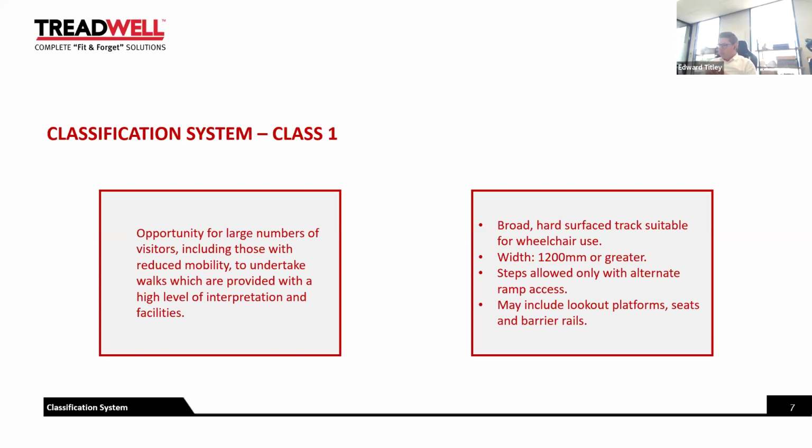A class 1 track would have a broad hard surface suitable for wheelchair use, minimum width 1200 mil or greater, steps allowed so long as there's alternative ramp access, and lastly, lookouts, seats and barrier rails may be included.